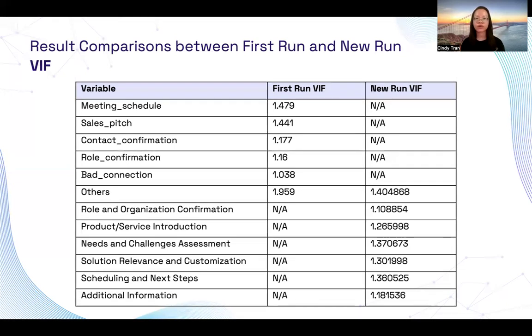The new variables introduced in the new run each have a low VIF value, showing that they do not suffer from high multicollinearity and are reliable predictors in the model. And next, we're going to talk about recommendations for our term project.